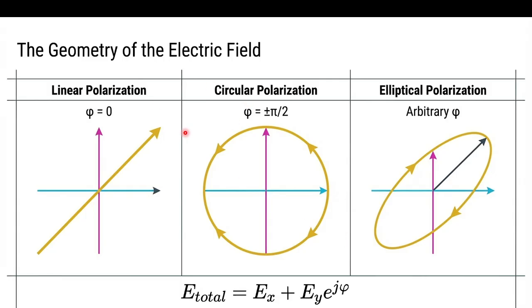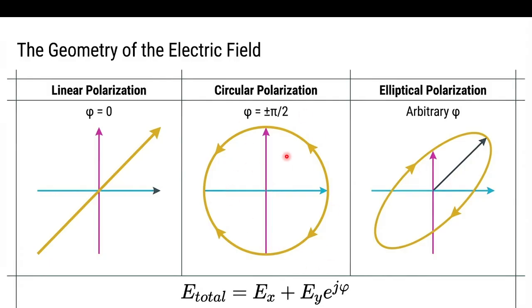Let's move towards the polarization types. The first polarization type is linear polarization, where the oscillation happens in one plane and the total electric field vector will be in one axis.